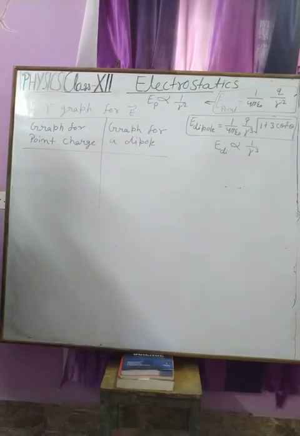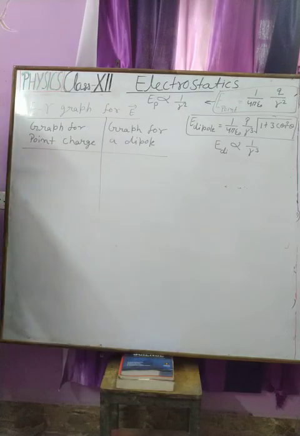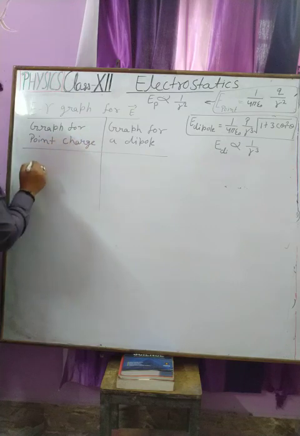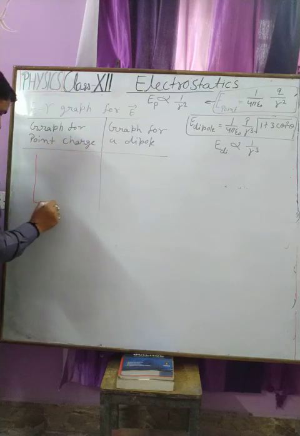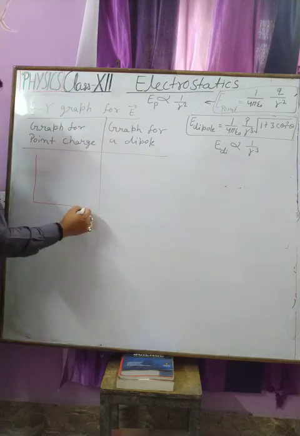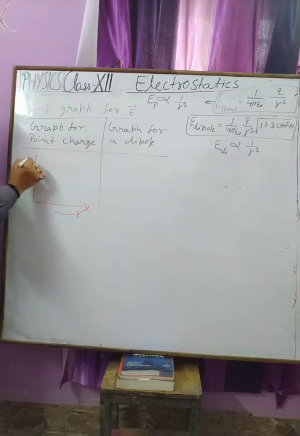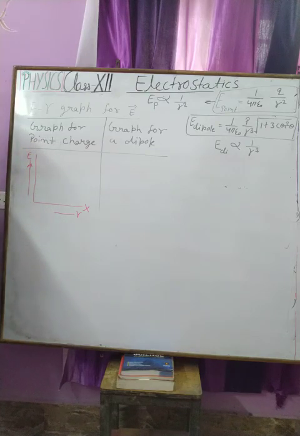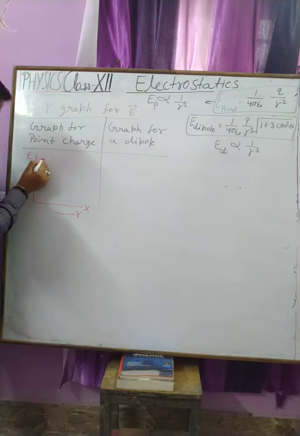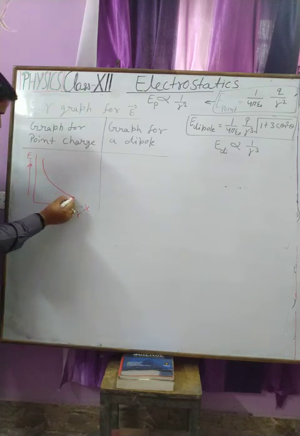Now in the graph for electric field due to a point charge, at the x-axis is distance and at the y-axis is the intensity of electric field. So the electric field moves in this form.